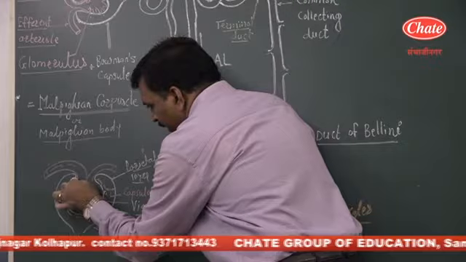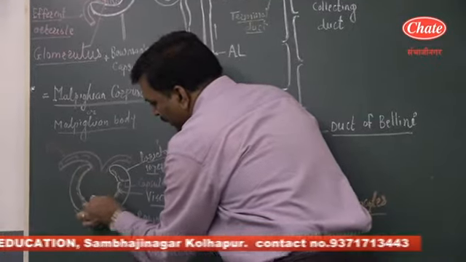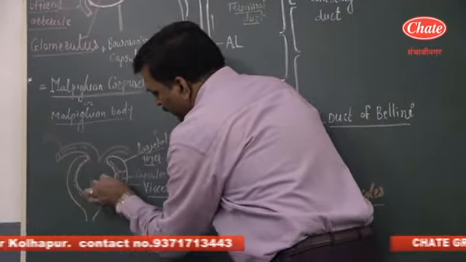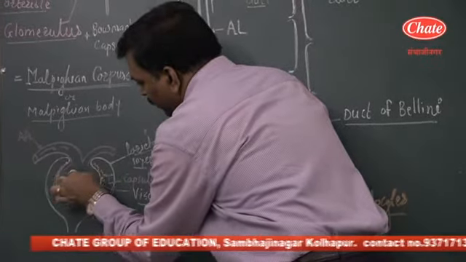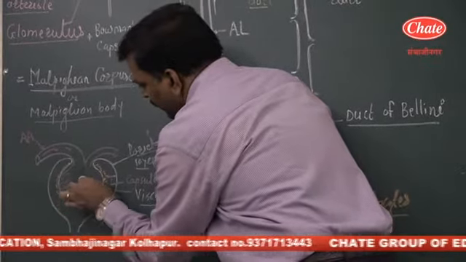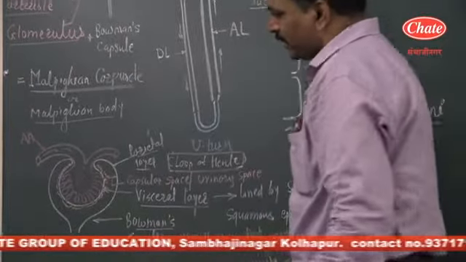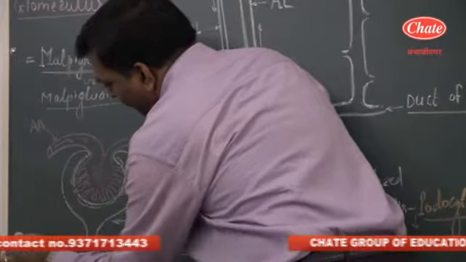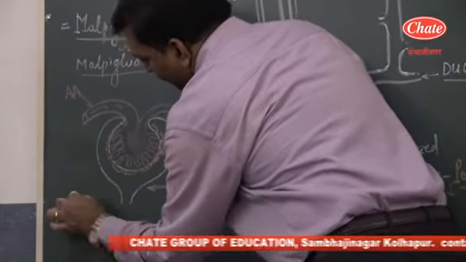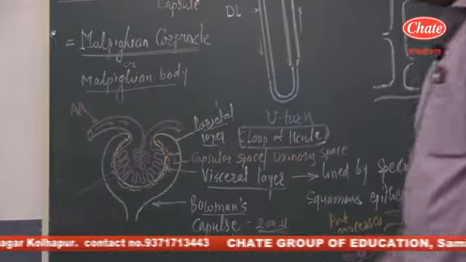When the afferent arteriole enters the Bowman's capsule, it forms a tuft, a mass of capillaries. This tuft or mass of capillaries is termed the glomerulus.